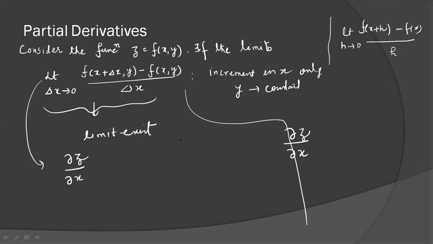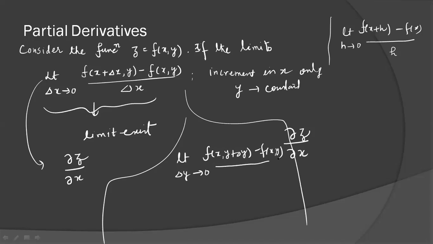Similarly, if we do an increment in y, limit delta y tending to 0, keeping x as constant, f of (x, y plus delta y) minus f(x, y) over delta y, if this limit exists, then this is called del z over del y. So the main thing is the limit must exist.